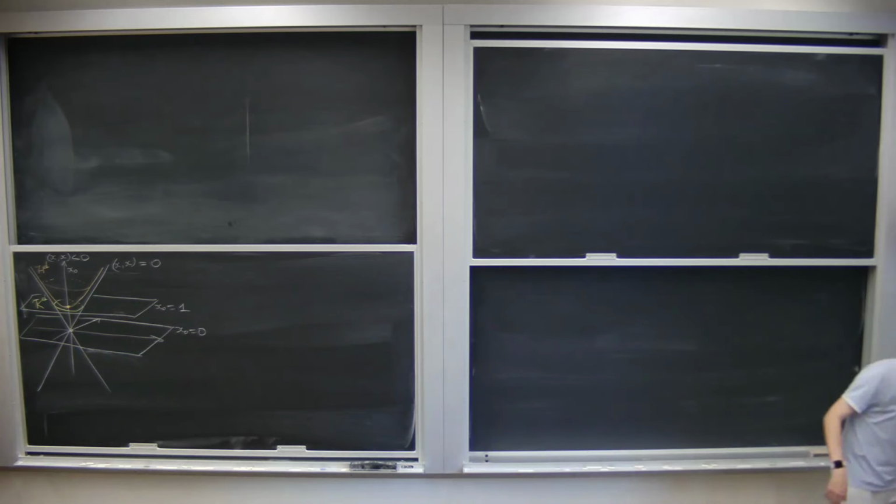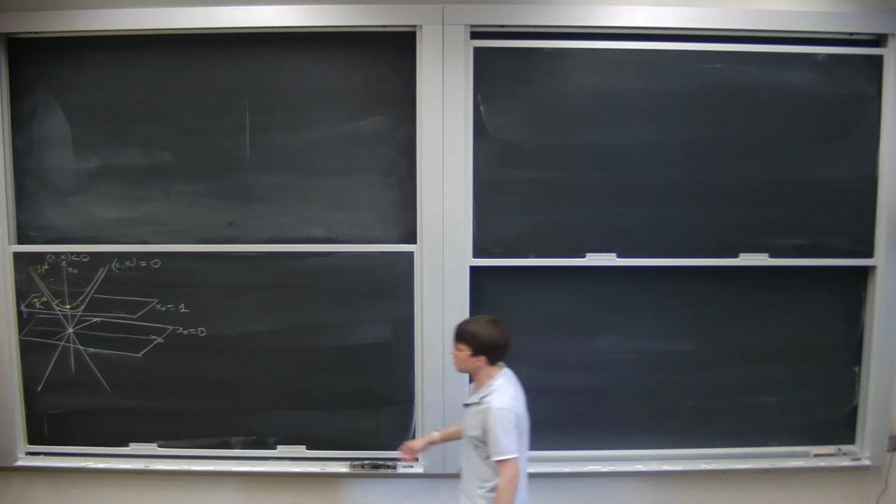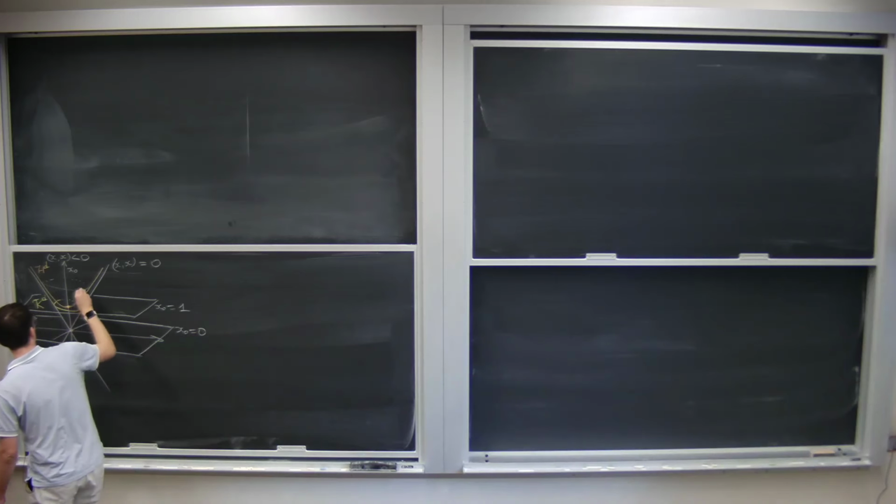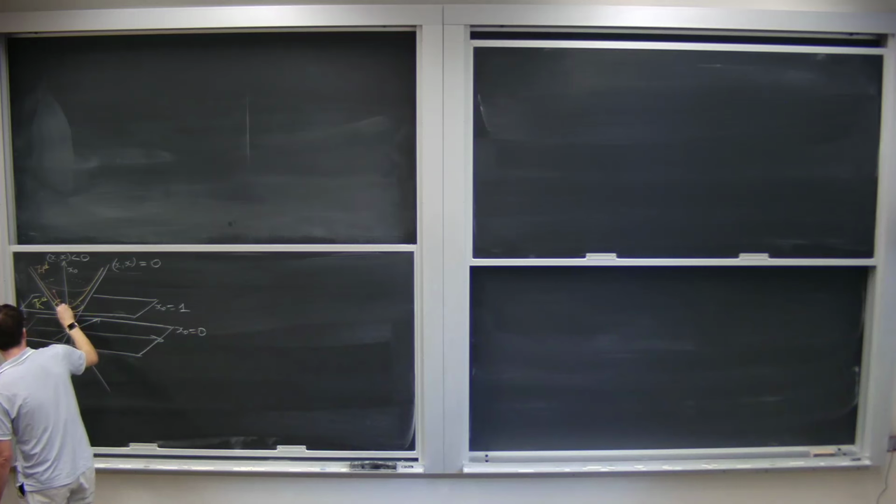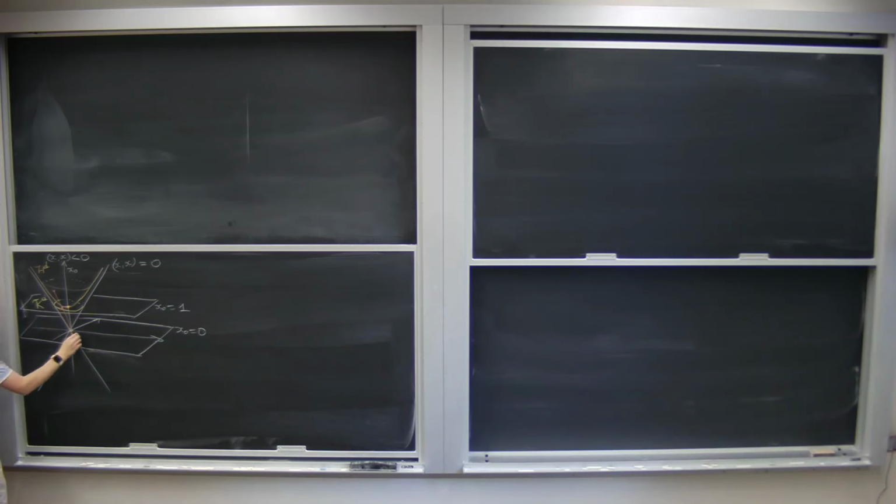I'm taking the ray from 0 to the point x, and I obtain the point sitting in this hyperplane, and the image of this projection definitely sits in the unit ball in this model.